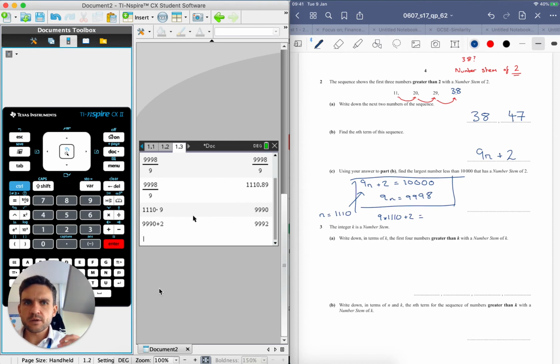Now, we said it's going up in 9s, plus 9 each time. This is the 1110th term in the sequence, and if we add 9 to this, it's going to go over the 10,000 threshold that the question's asking me to stay underneath. So my answer here will be 9,992.